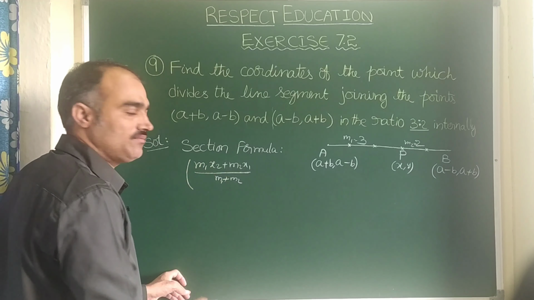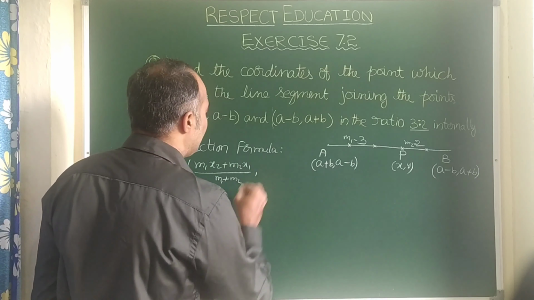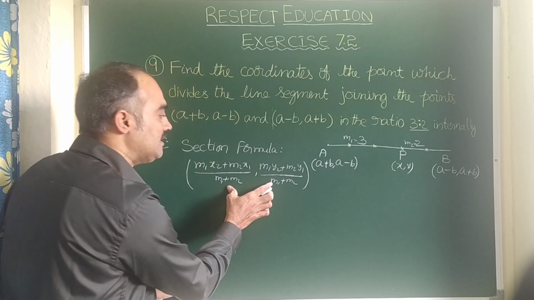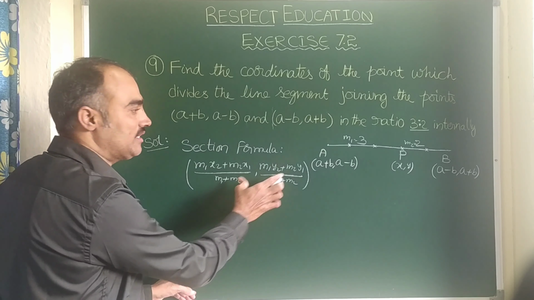This is the x coordinate. The y coordinate is (m1 y2 plus m2 y1) by (m1 plus m2). So this is the y coordinate. Finally this is the coordinate of the required point P.